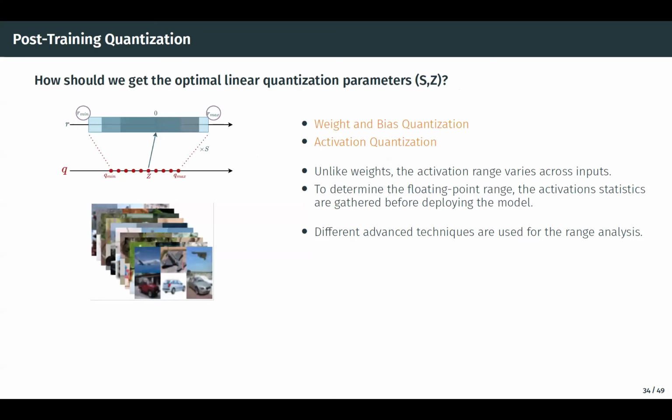So in post-training quantization, as we said, there are two values. Of course, we are trying to find the scaling factor and the Z point, as I earlier said. Normally, weights and biases are static after training, so you have them fixed, right? But the activations are usually changing for every set of input.